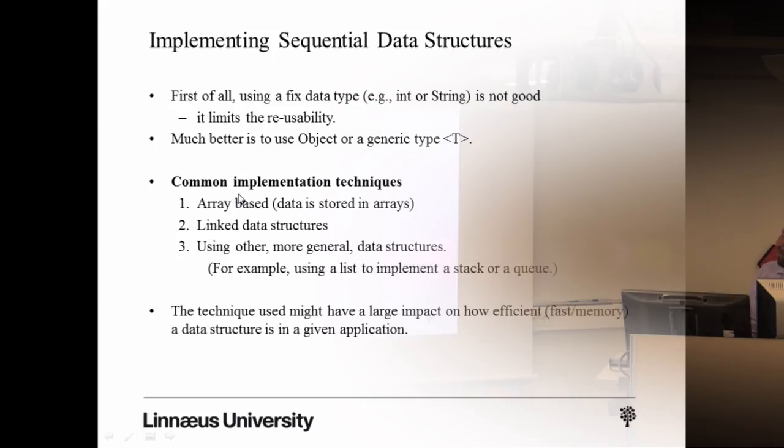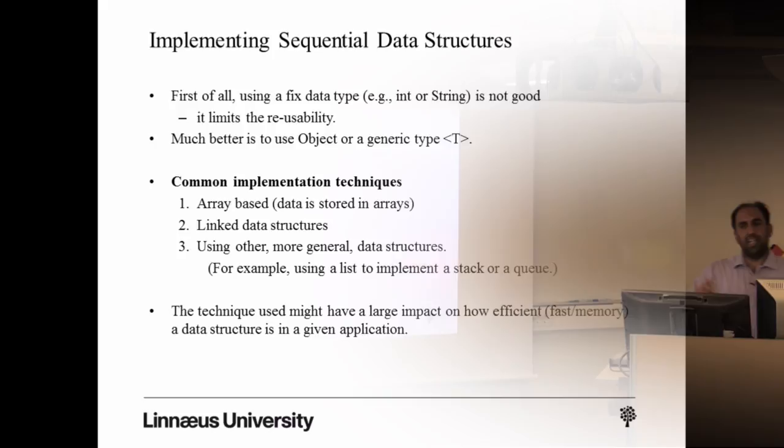Now some common implementation techniques. Data structures can be implemented in different ways. We have an array as a basic data structure that can be used to store or group values, so we can use Java's array features to implement our own data structures. Or we can create linked types of data structures.